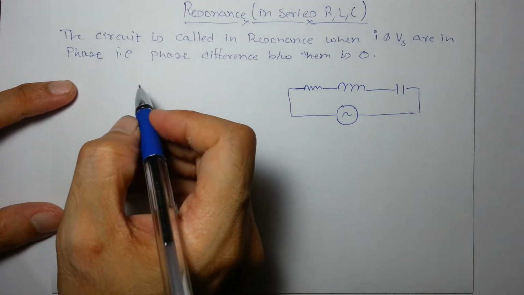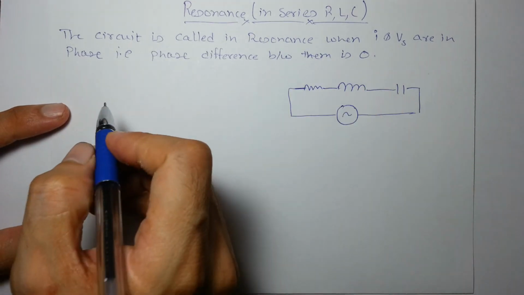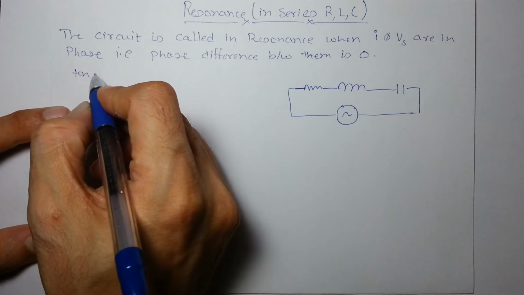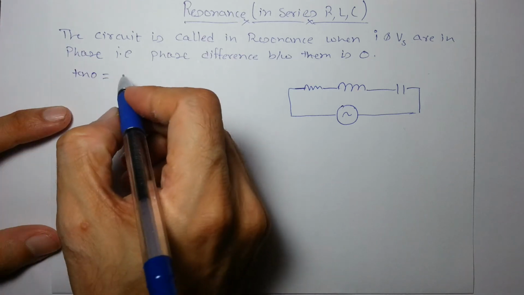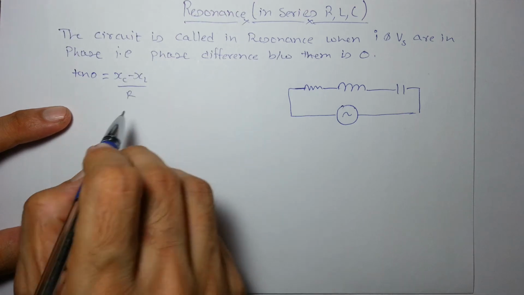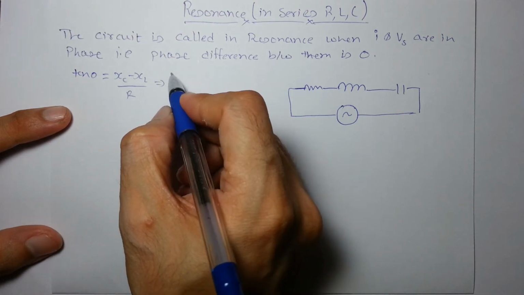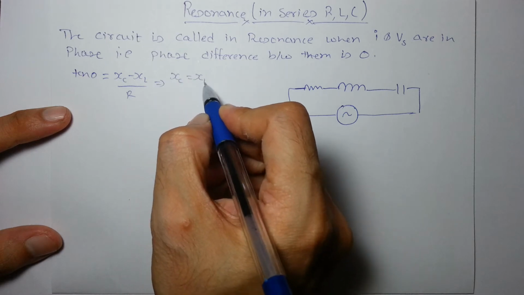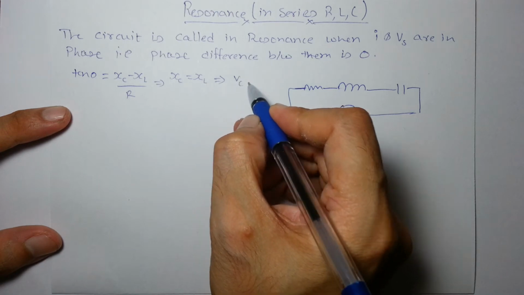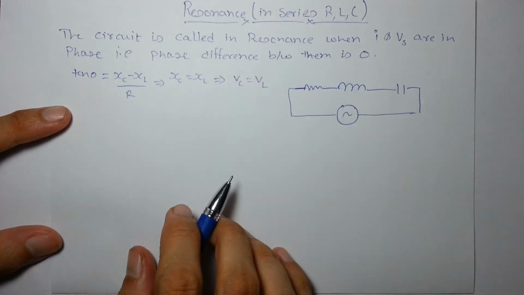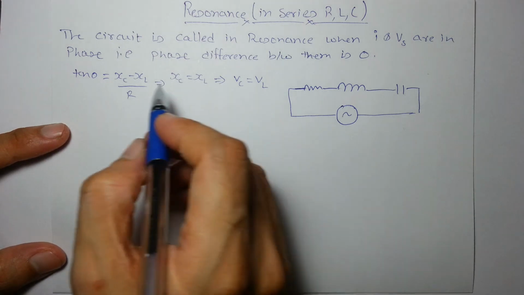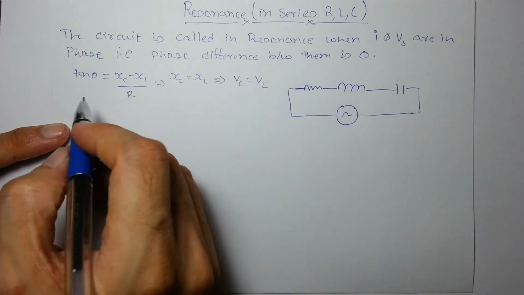As we know that phase difference between them is zero, so we can say tan phi is tan 0, which is XC minus XL by R. So XC is equal to XL. As I is same, it also implies VC equal to VL. So these are the few inferences we can draw from tan phi equal to 0.